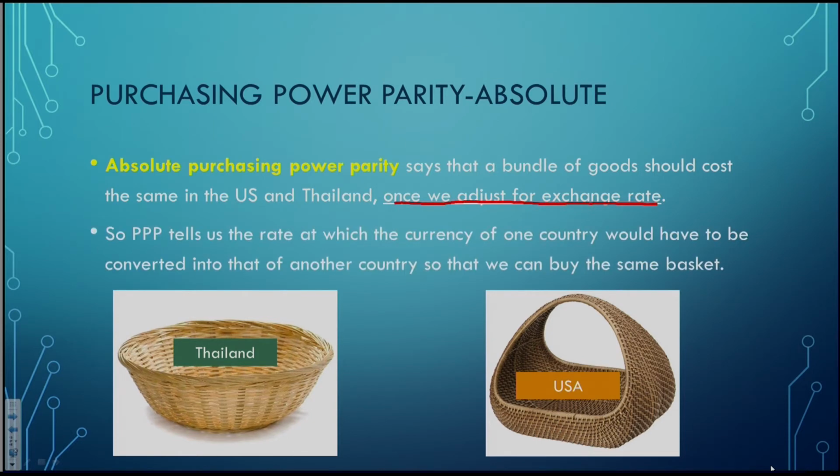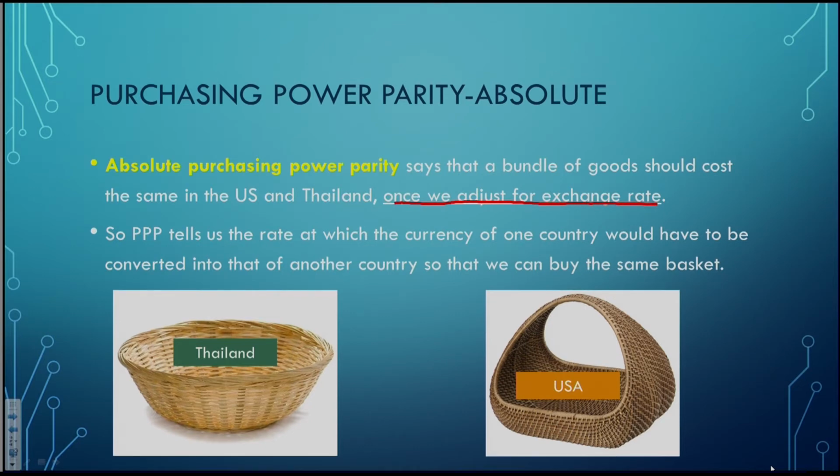That's important. So, purchasing power parity tells us the rate at which the currency of one country would have to be converted into that of another country so that we could buy the same basket. Let's say that again.